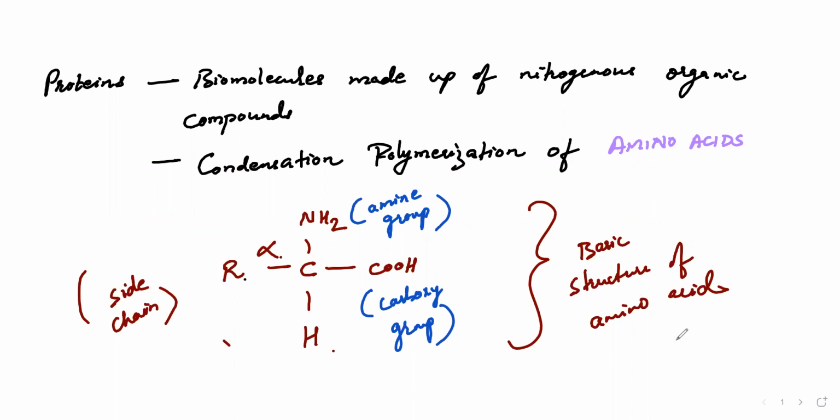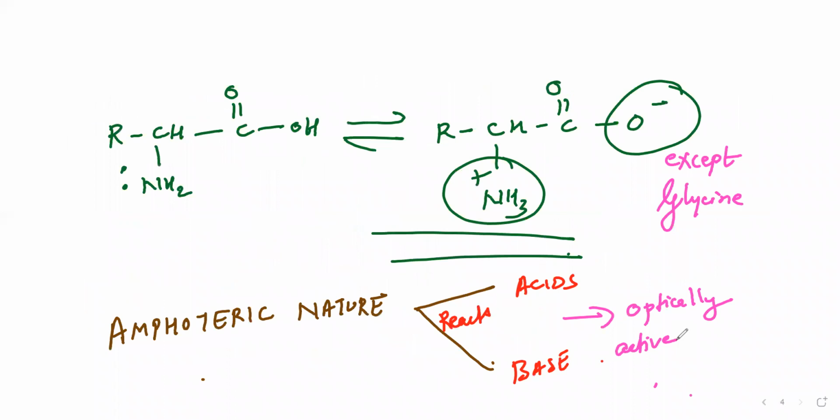Now, depending upon the charges and the neutrality or the amphoteric nature, there is one more term associated with the proteins called isoelectric point. Now, isoelectric point is related to the pH.